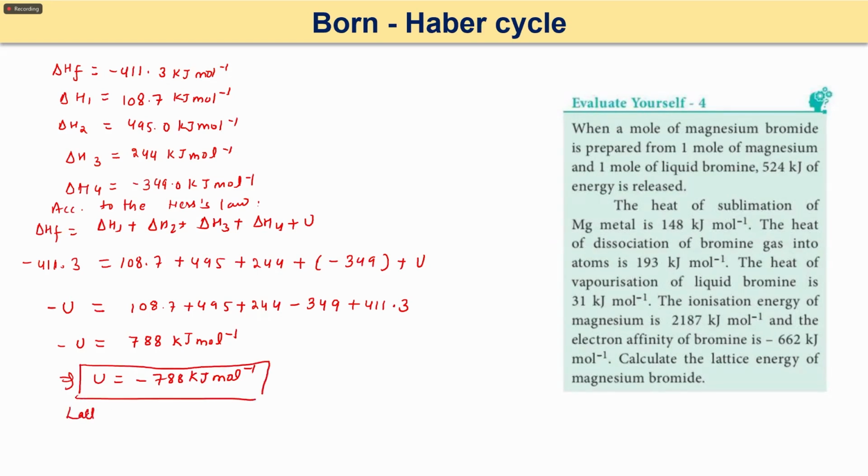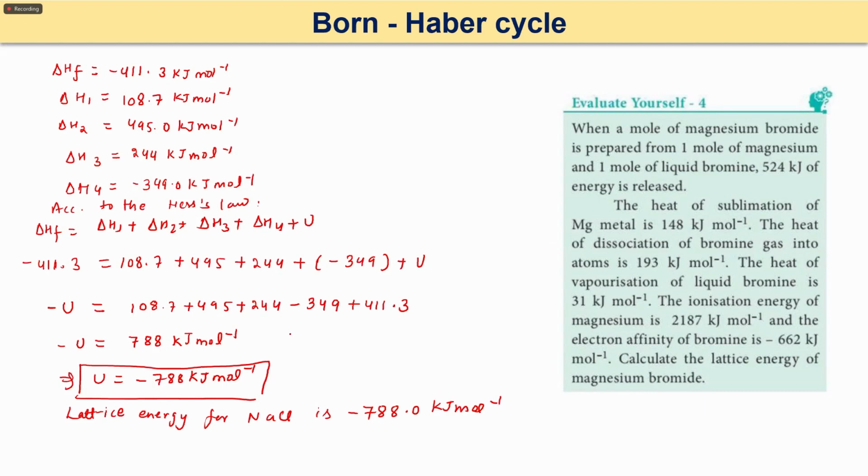That means the lattice enthalpy, that is, the lattice energy for NaCl, sodium chloride, is minus 788.0 kilojoule per mole.